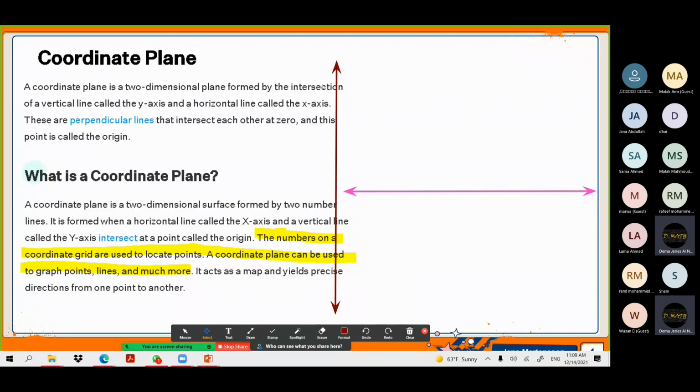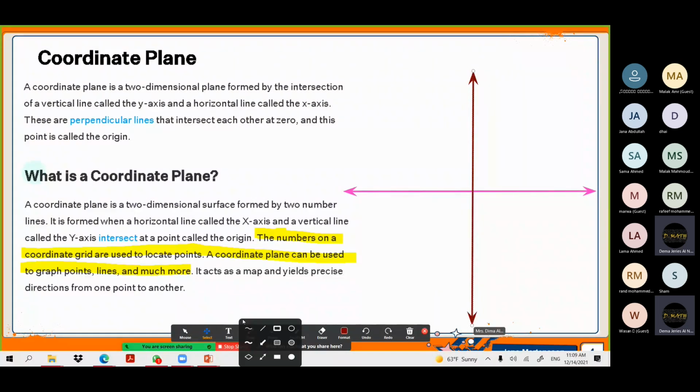But now, when these two lines are intersecting, they make something we call a coordinate plane. So a coordinate plane is two lines that are intersecting, where they intersect at a point we call the origin. So this point here is the origin.